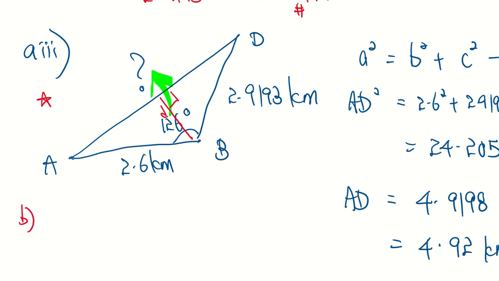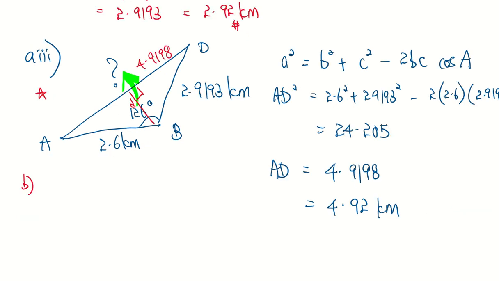At this juncture, I'm going to put a star because it's very important. If you want to make use of the shortest distance within the triangle, there's an important concept that you can make use of, which is the area of a triangle. There are 2 formulas for it.